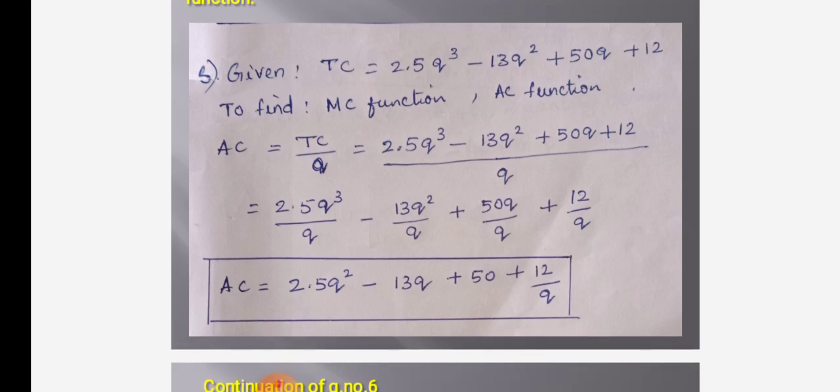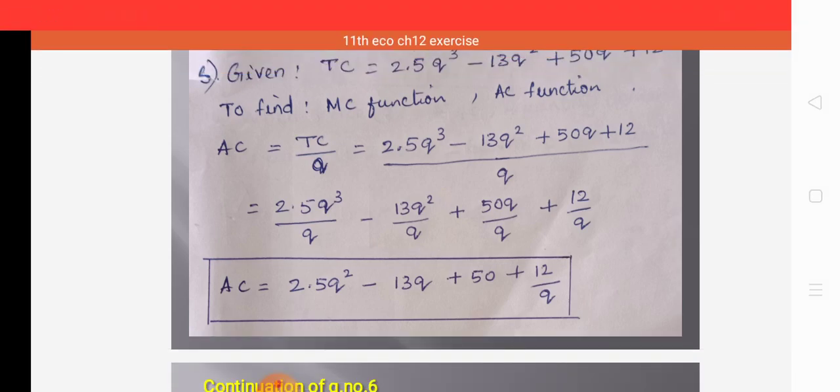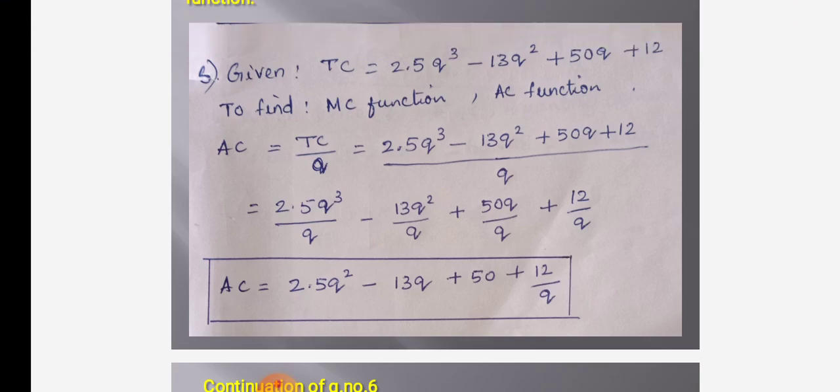Q cube divided by q, 1q gets cancelled, remaining you get 2.5q square. Again, minus 13 write as such. Q square divided by q, 1q gets cancelled, remaining will be q only. Plus, bring the plus symbol down, 50q by q, q and q get cancelled, remaining you get 50, plus 12 by q, you cannot cancel anything. So the average cost function is 2.5q square minus 13q plus 50 plus 12 by q.